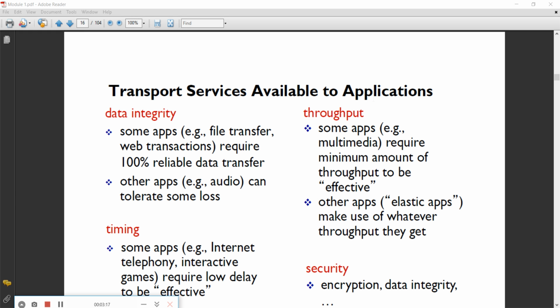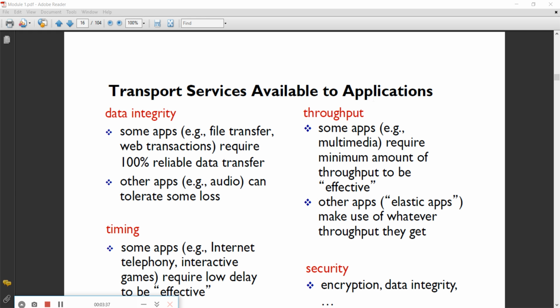With such a service, the application could request a guaranteed throughput of R bits per second, and the transport protocol would then ensure that the available throughput is always at least R bits per second.